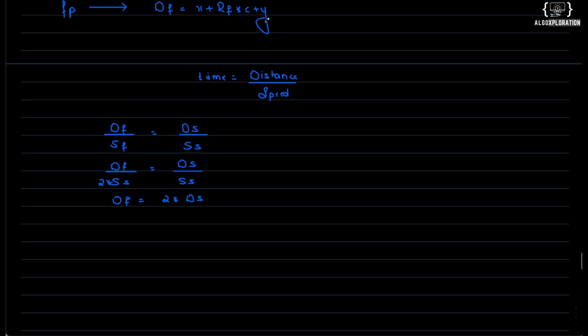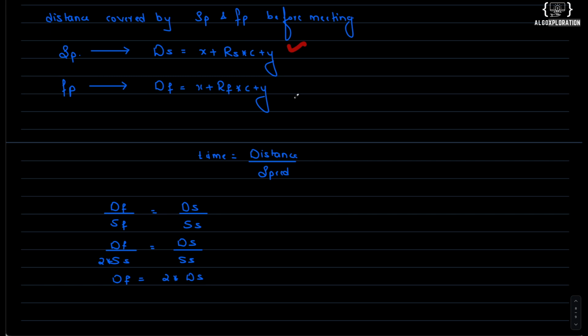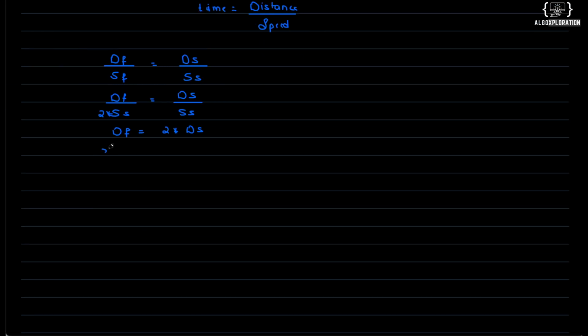Now I know the values of ds and df, so I'll just substitute them. It will be x plus c into the rotations done by the fast pointer plus y is equal to twice into x plus c into the rotations done by the slow pointer plus y. If I solve this, it will be 2x plus 2c times the rotations done by the slow pointer plus 2y, and this will be x plus c into the rotations done by the fast pointer plus y.